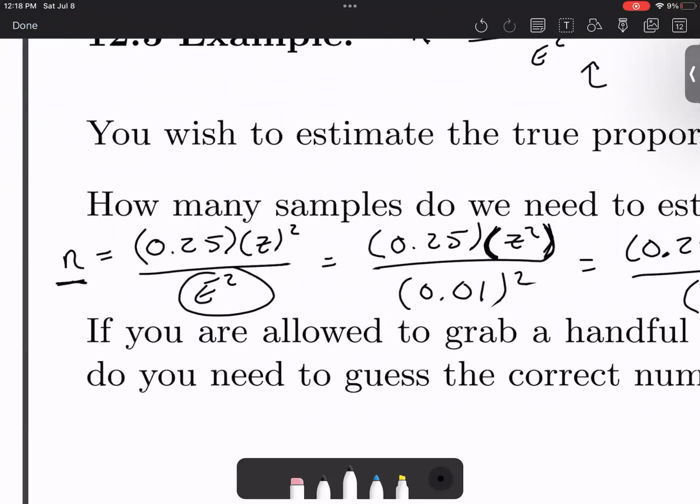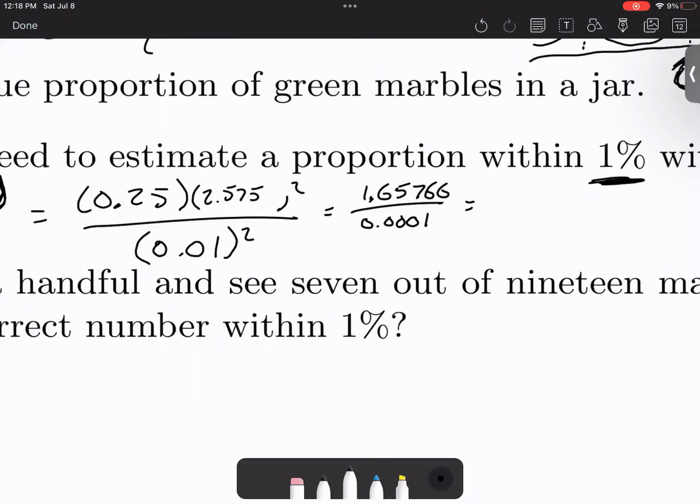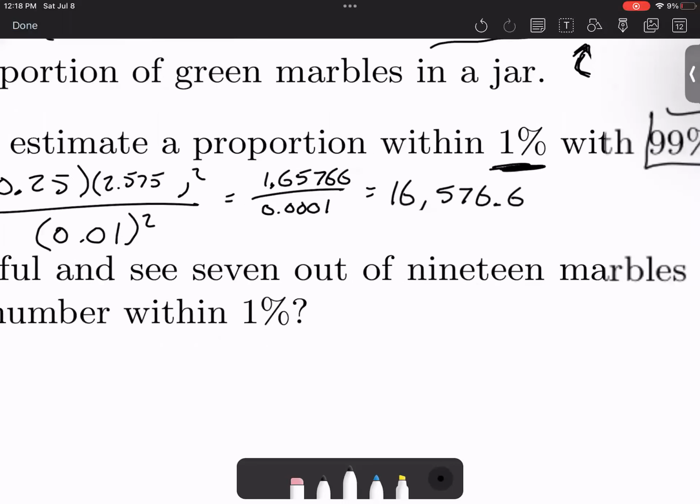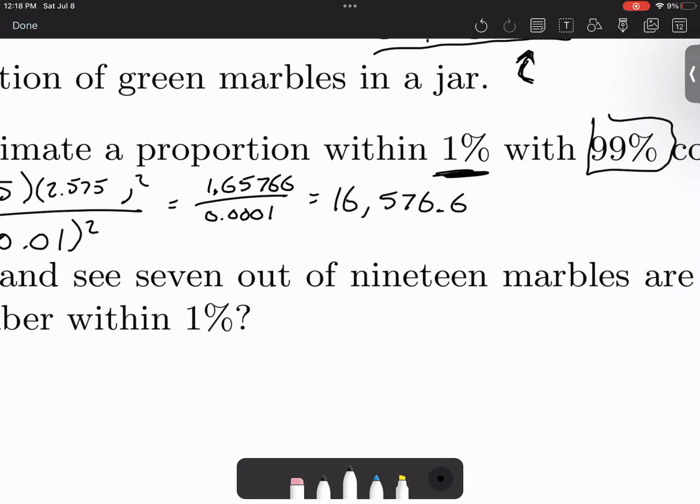This is N. The number of marbles that I have to sample is 16,576.6. Now, you can't measure 0.6 of a marble, so always round up, because 16,576 wouldn't cut it. You would need 16,577 marbles.